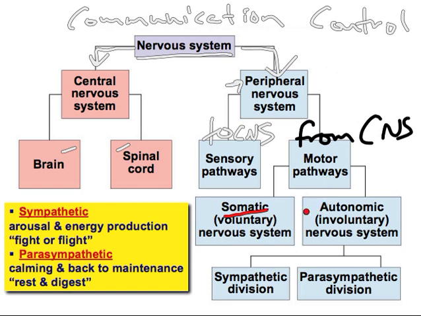Motor pathways get broken down into the somatic, the voluntary, or the autonomic, the involuntary, the things that you don't think about. And then, of course, last you see on this graphic that autonomic gets broken down further into the sympathetic division and the parasympathetic division. Again, they're still both involuntary.